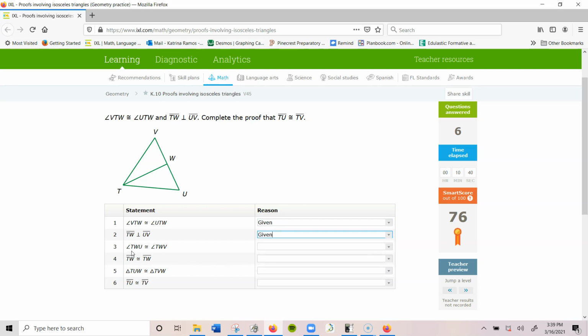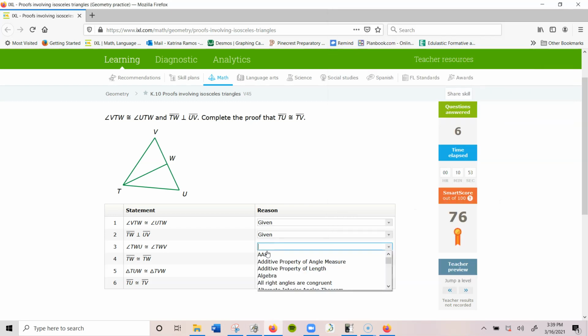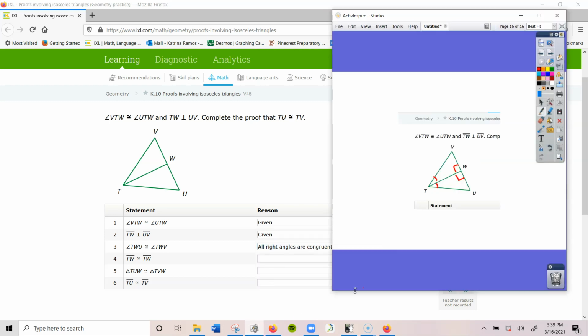Now we have here that angle TWU is congruent to TWV. That's where you have your 90 degrees. So that is that all right angles are congruent. Now your next statement is that TW is congruent to TW.